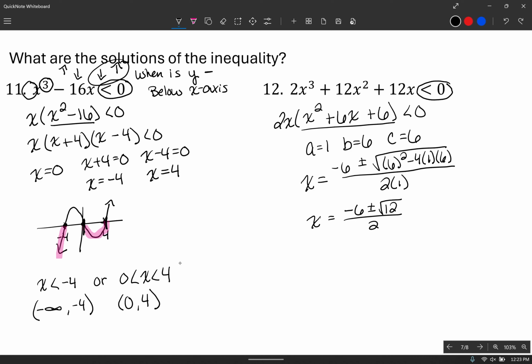And if you need to do a factor tree for that, you can, but it's 4 times 3. The square root of 4 is 2, so we have 2 square roots of 3. So negative 6 plus or minus 2 square roots of 3, over 2. And then everything will reduce by 2. So that gives me negative 3 plus or minus the square root of 3.